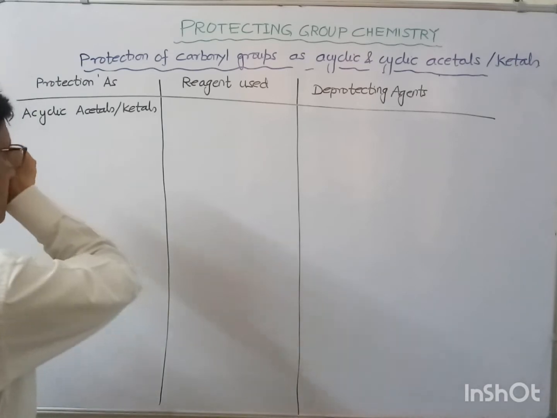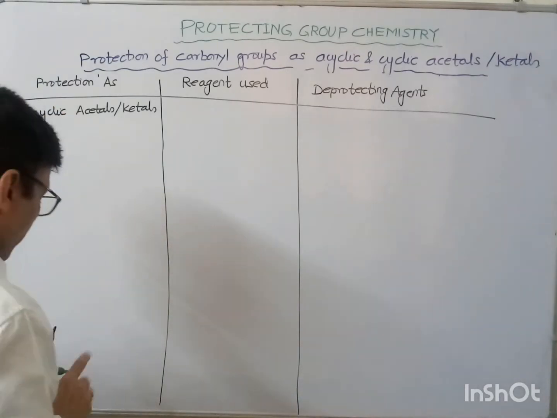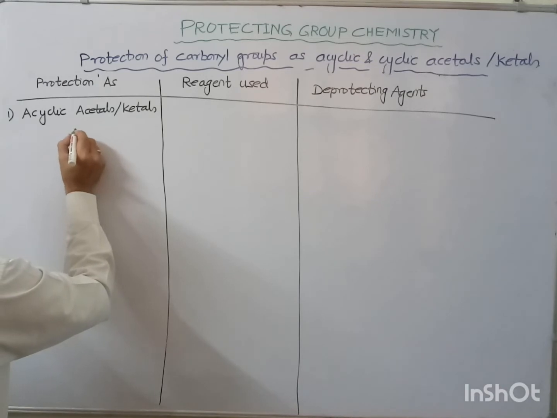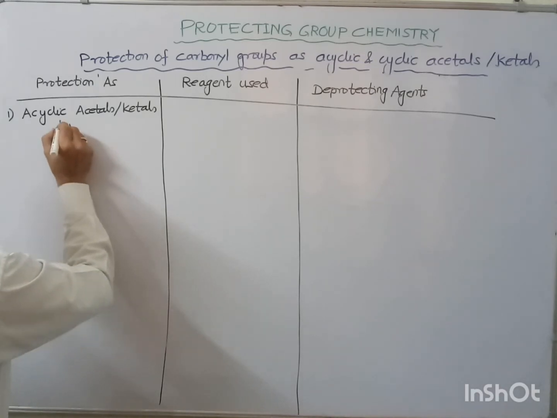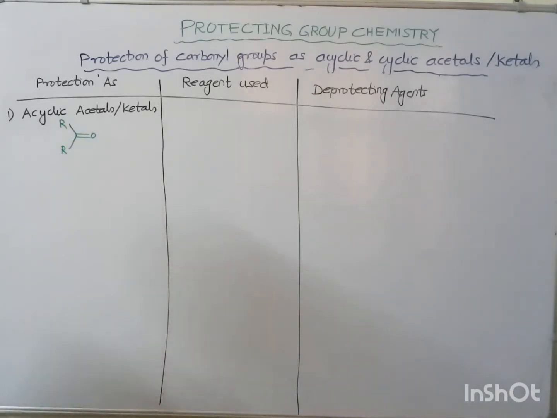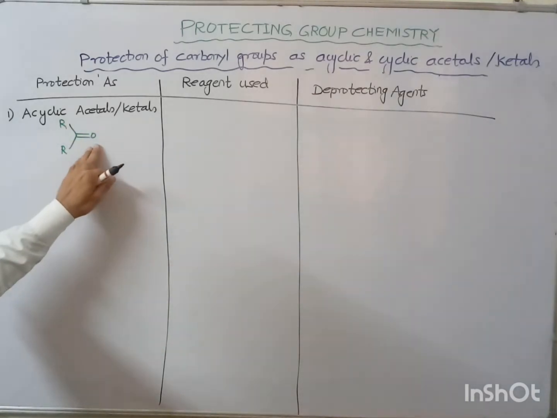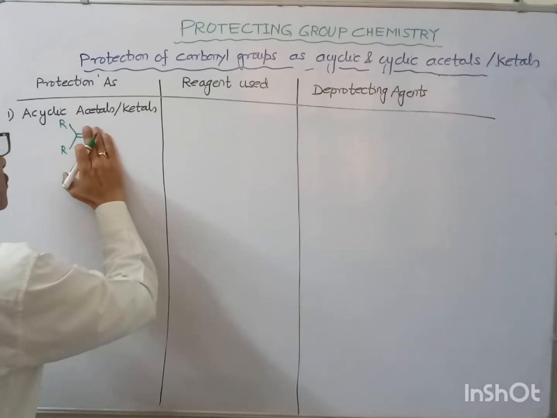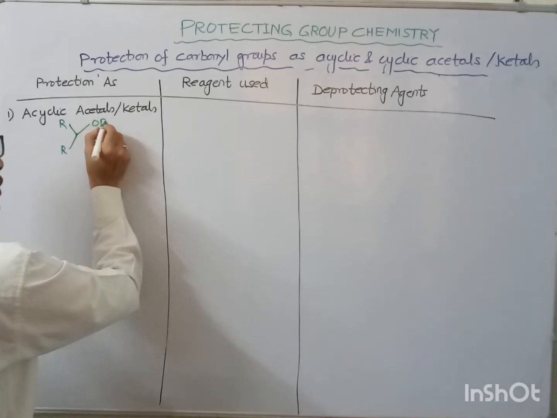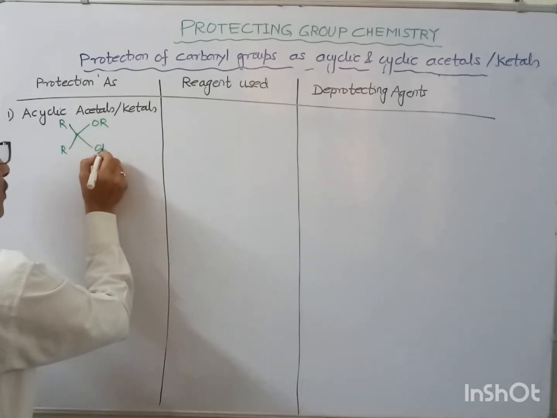Suppose we have any carbonyl compound, then that can be converted into acyclic acetals, ketals. So this is the carbonyl compound, and after reacting it with alcohol, that can be converted into these acyclic acetals or ketals. This is OR, again this is OR.